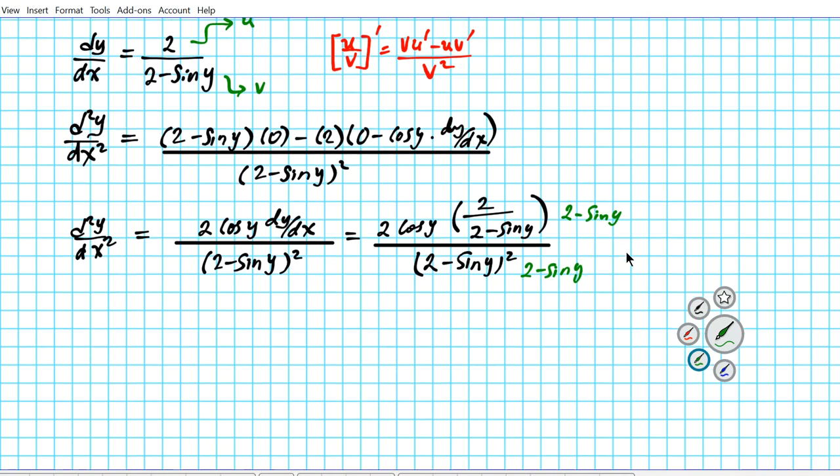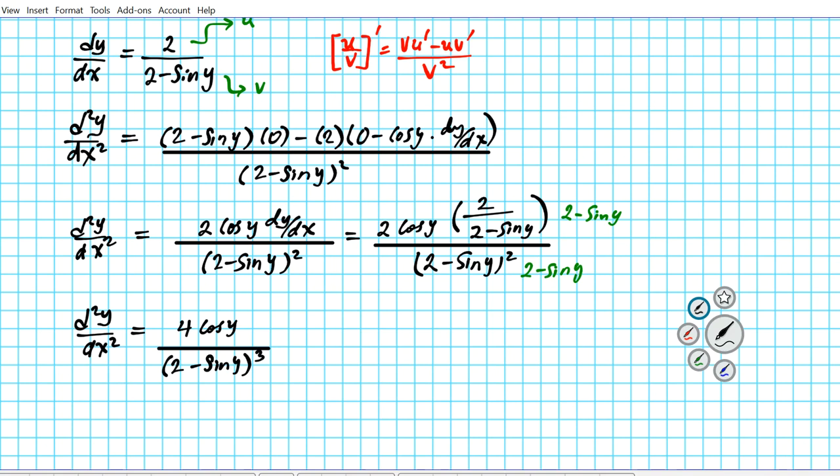We have the second derivative, d squared y over dx squared, equals, so the 2 and these 2 multiply, you have 4 cosine y divided by, so you multiply these identical quantities, 2 minus sine y, cubed.